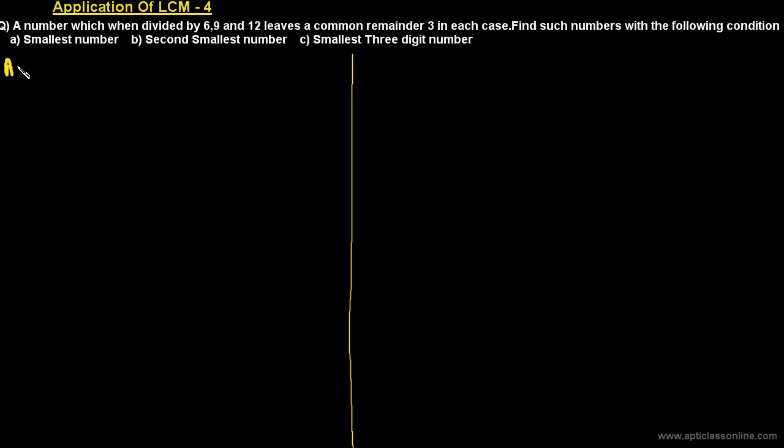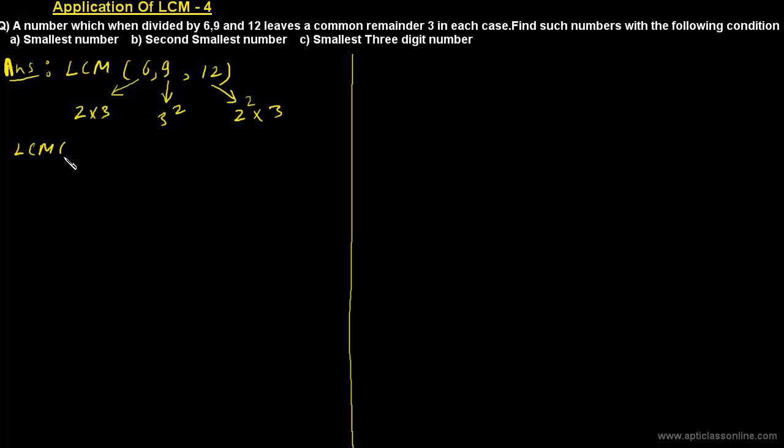So for solving such type of question, we will start from the same thing. First we will find the LCM of 6, 9 and 12. To find the LCM, first express the numbers in terms of prime factorization. So 6 can be written as 2 into 3, 9 can be written as 3 square, 12 can be written as 2 square into 3.